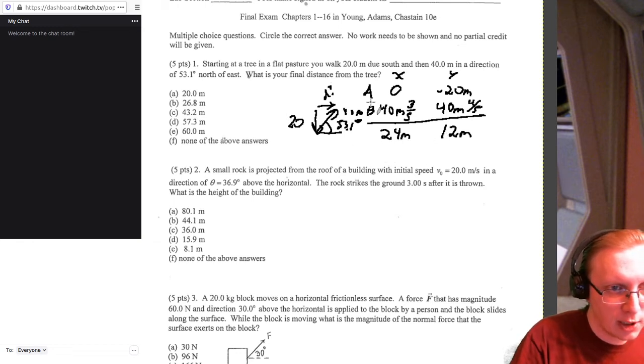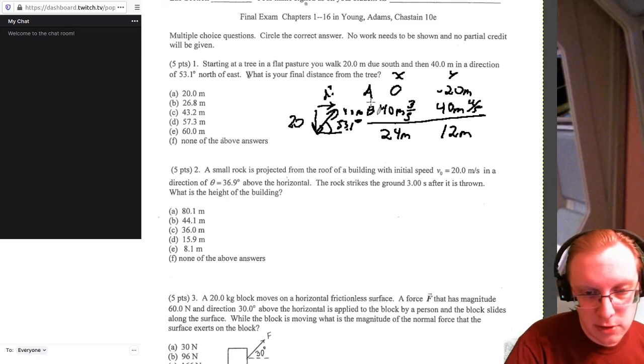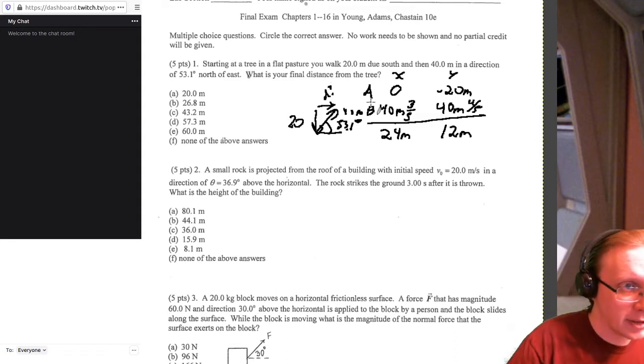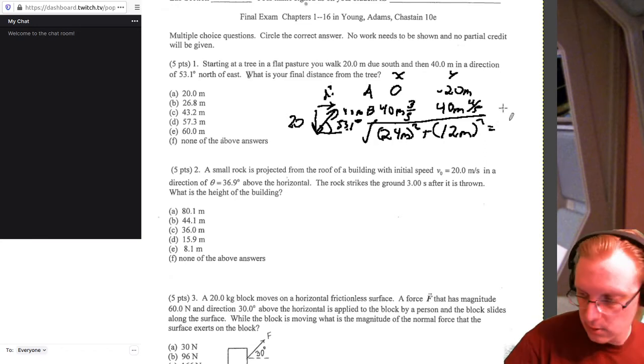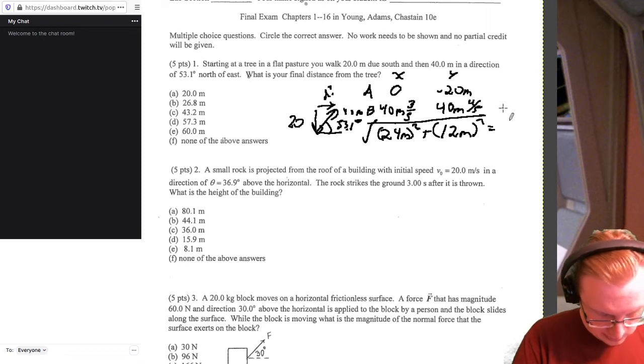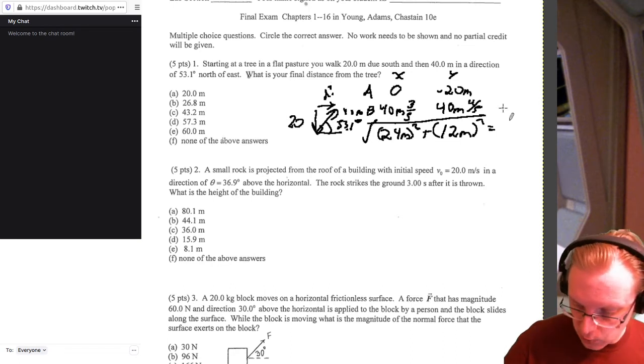Let me double check that. 40 times 3/5 is 24, and 4/5 is 32, less 20, 12. Yep, good. So now we can do our Pythagorean theorem and find our final distance. We square those, add them together, take the square root. 24 squared plus 12 squared, square root is 26.8.